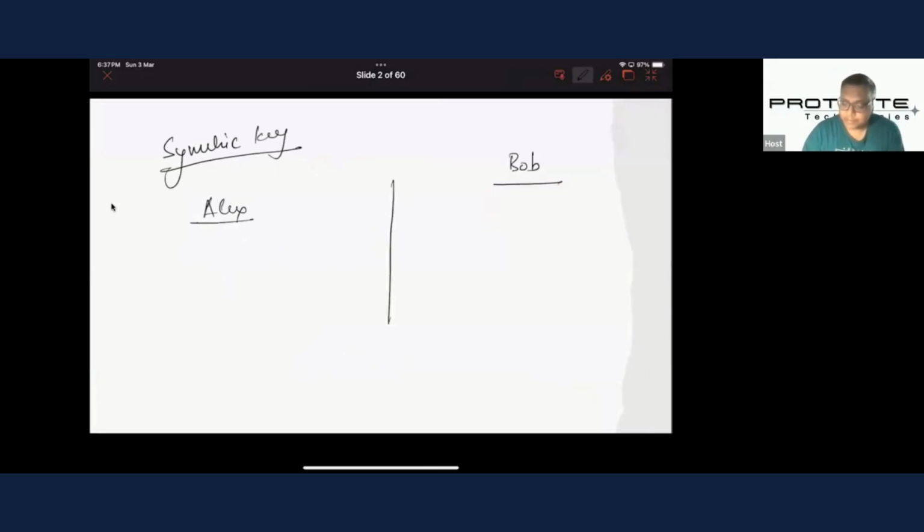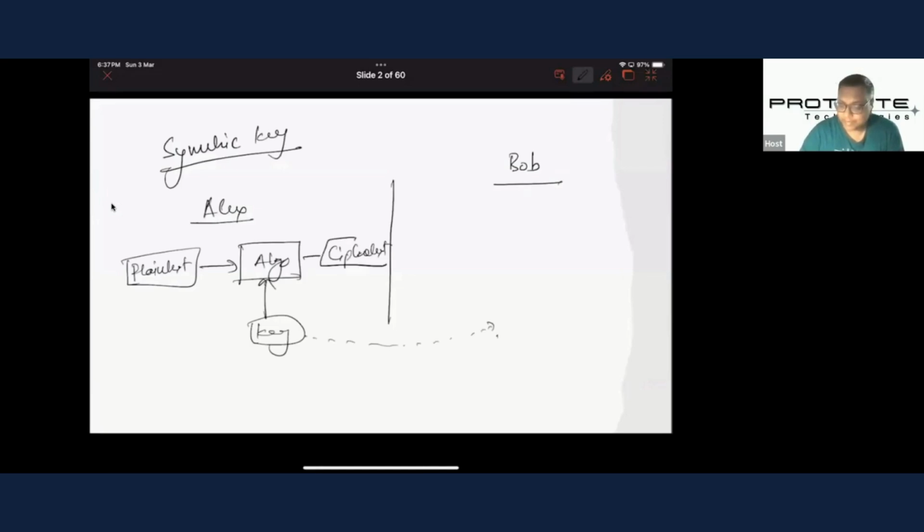So what happens is you have plain text, okay, you pass it through an encryption algorithm, and you get something called a ciphertext, and you apply the key. Now in symmetric key cryptography, Alex somehow has to send this key to Bob. So he has the ciphertext. He sends the ciphertext by email, right?